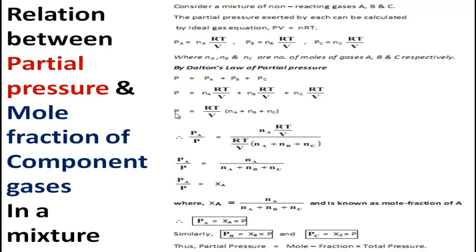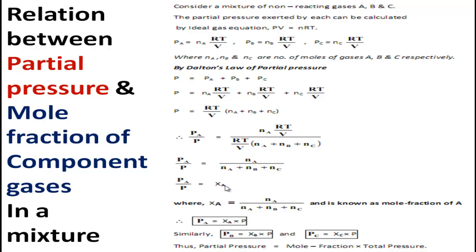Now here, partial pressure Pa divided by total pressure equals, putting in the value of partial pressure here, this, and divided by putting in the value of total pressure. So in this way we get partial pressure divided by total pressure equals mole fraction. Mole fraction is the mole of a specific component of a gas mixture divided by the total mole.